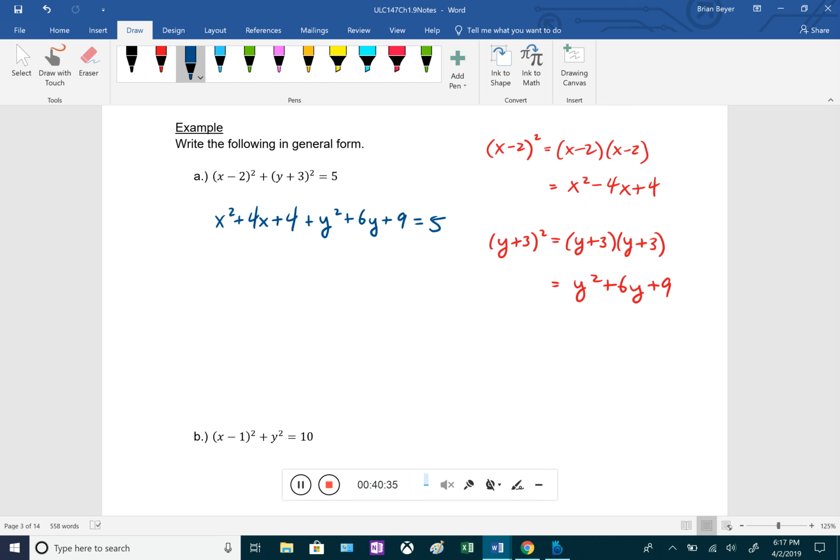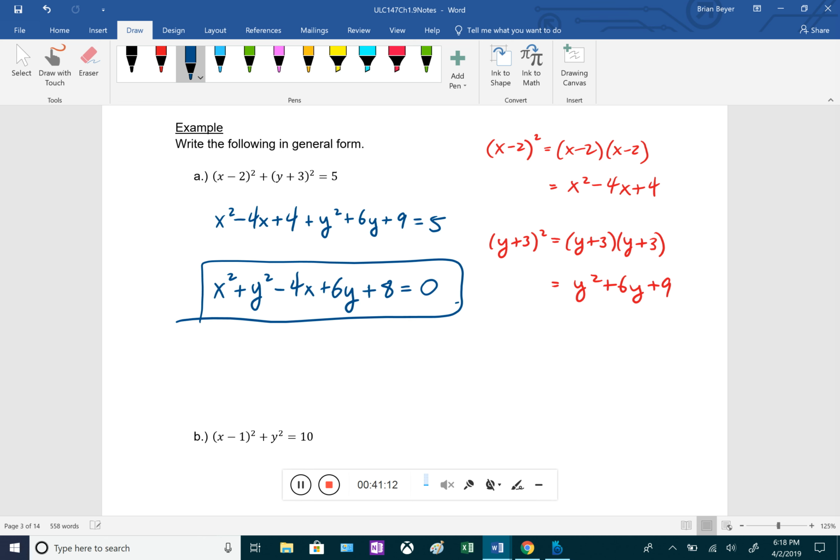So it's going to be x squared plus y squared minus 4x plus 6y, sorry, that was a negative 4x right here. Okay, and then we have this 4 plus 9, which is 13, and then we have to subtract the 5 to that side, so we end up getting plus 8, so equals 0. Okay, so that is general form for that one.